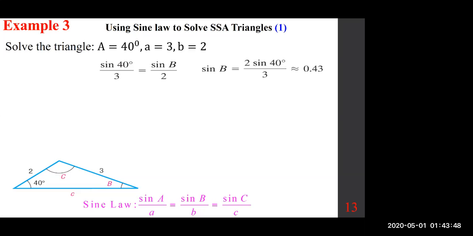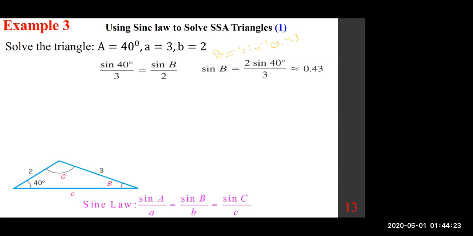Now, how do we find the answer? We have to find the inverse. So what is B? I want to make sure everybody understands how that works. What is B equal to? Sine inverse of 0.43.